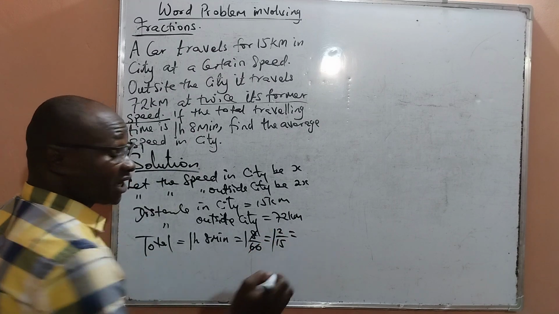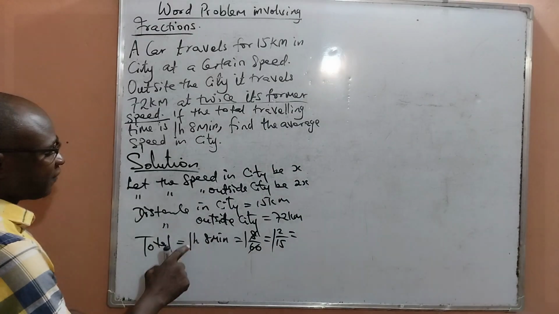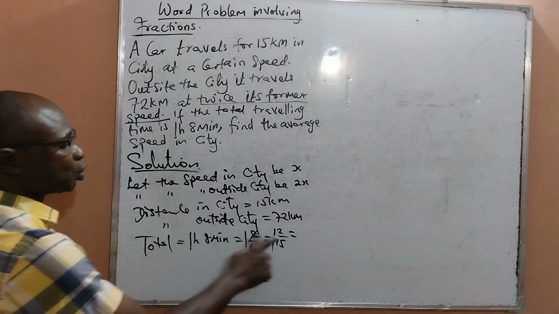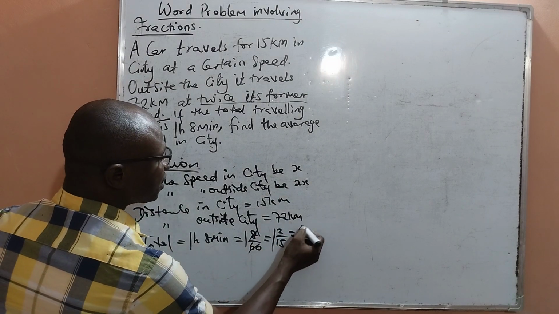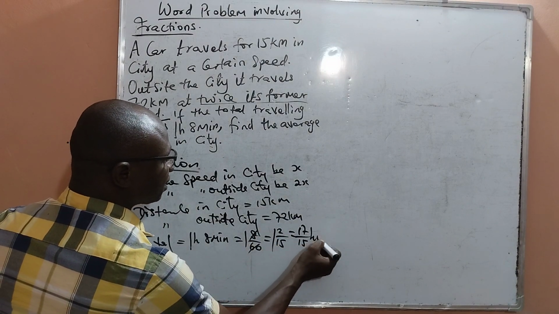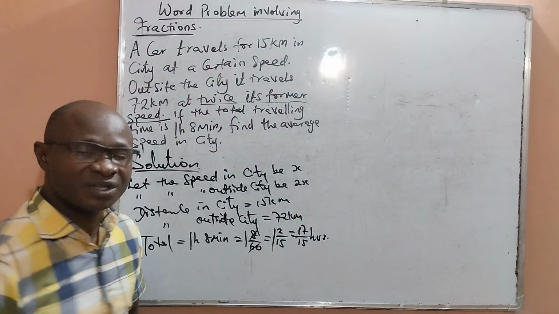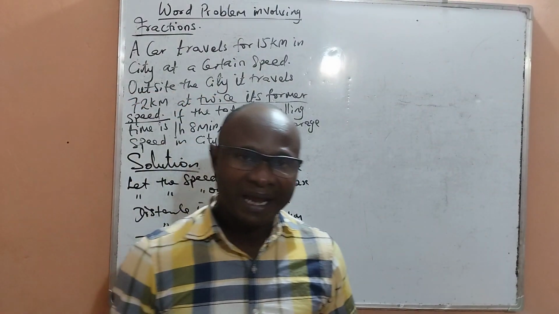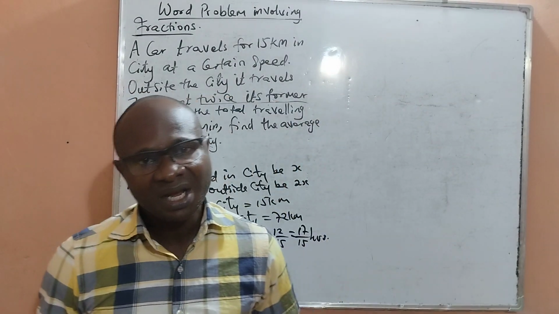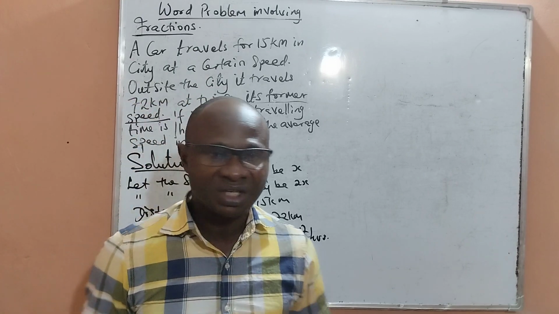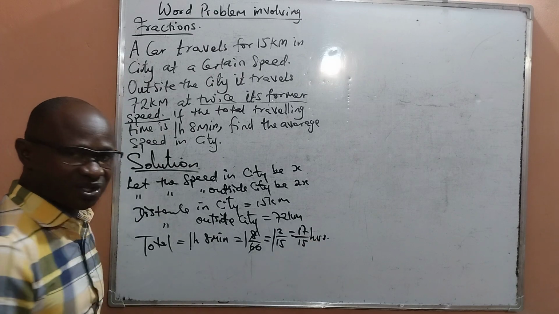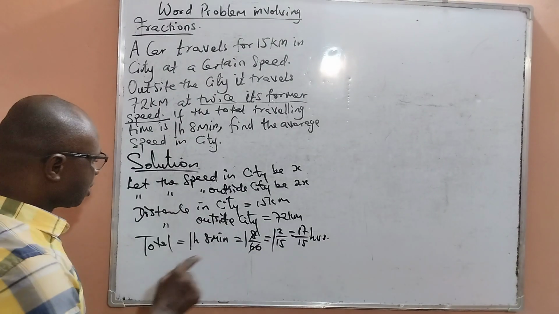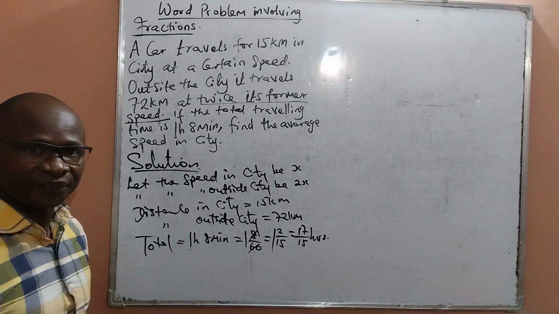That can now give us a proper fraction. We are converting hours and minutes to just hours. So 15 times 1 plus 2 gives 17 all over 15 hours. What this means is that the total traveling time, both the time for traveling in the city and the time for traveling outside the city, is equal to 17 over 15 hours, in hours, no longer in hours and minutes.